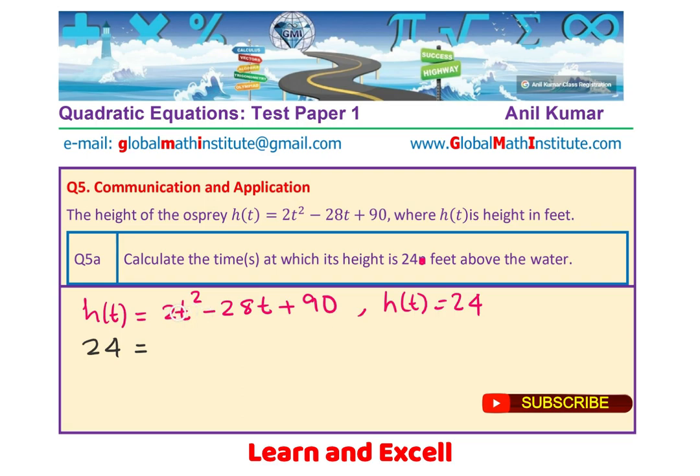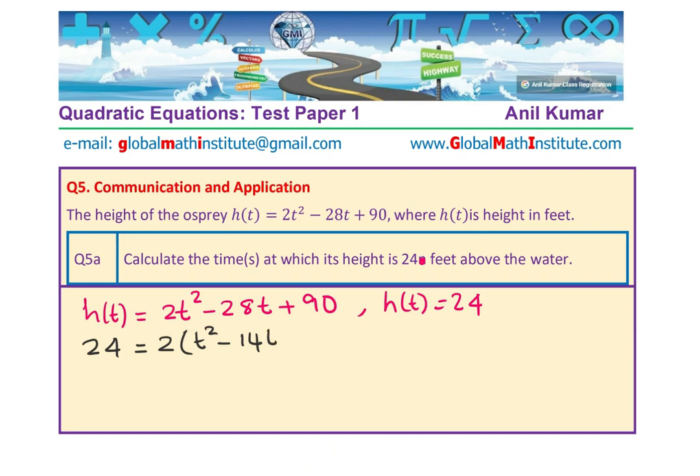So on the right hand side, we can actually factor 2 out, right? And then we get t squared minus 14t plus 45. And from here, we can divide 24 by 2. So we get 12 equals t squared minus 14t plus 45.